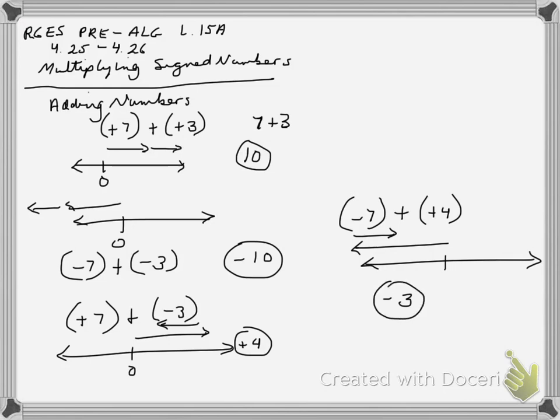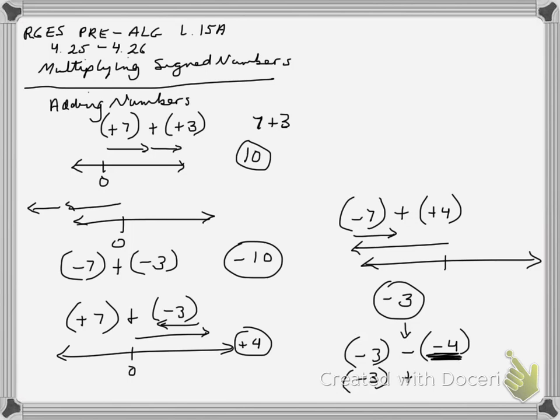Now recall that when we're talking about subtracting numbers, let's say negative 3 minus a negative 4, we are going to change this operation, currently subtraction, to an addition operation. So the first number doesn't change, whatever it was, but if we're going to subtract, it is the same as adding the inverse.